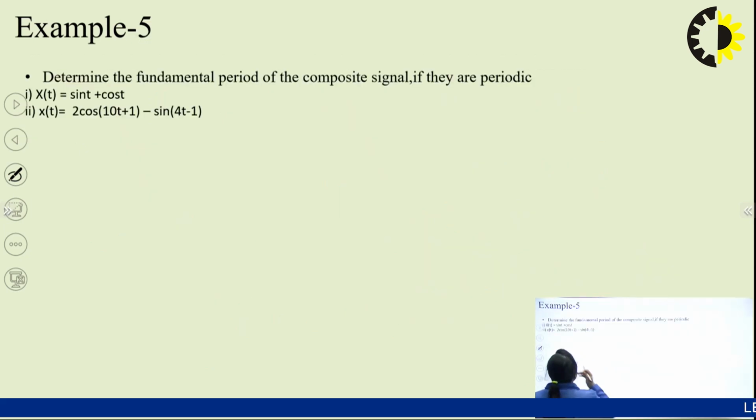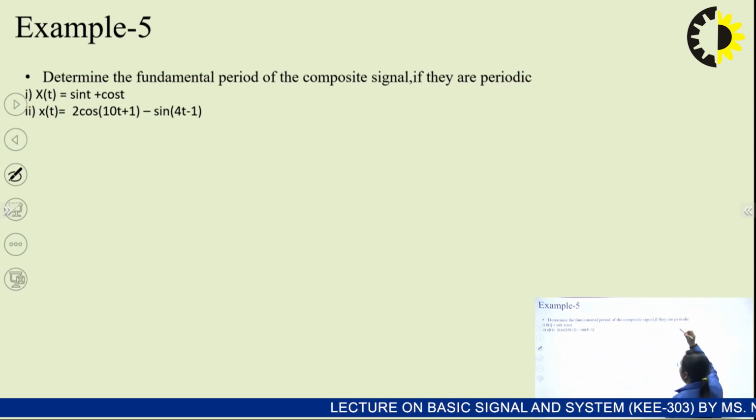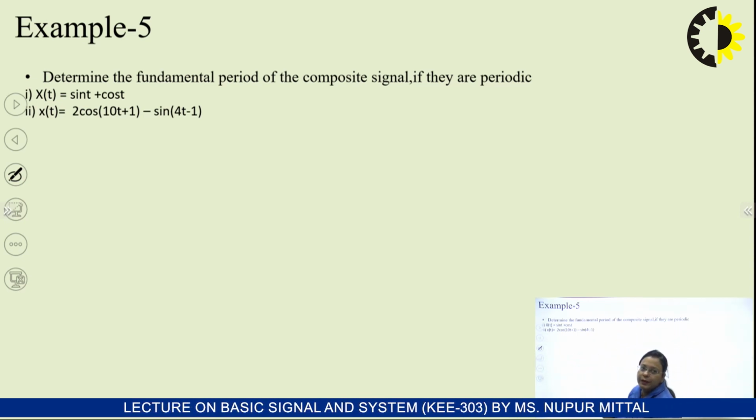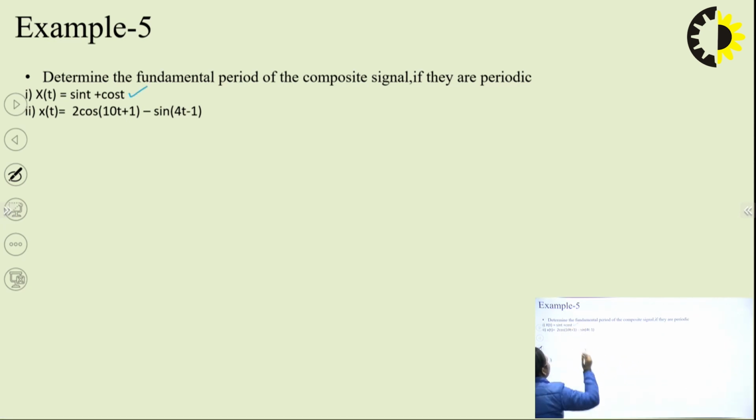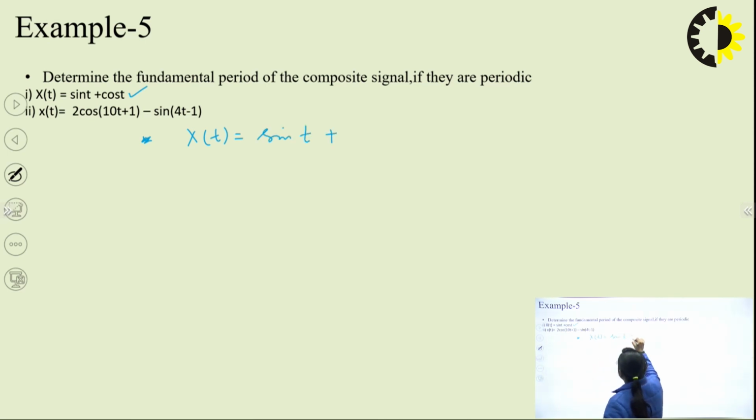Now another example is based on periodic and non-periodic signals. We have to find the fundamental period of the signal if it is periodic in nature. If it is not periodic, then there will be no fundamental period either. For the first signal, obviously sin t and cos t are both periodic in nature, and we need the time period for sin t plus cos t.